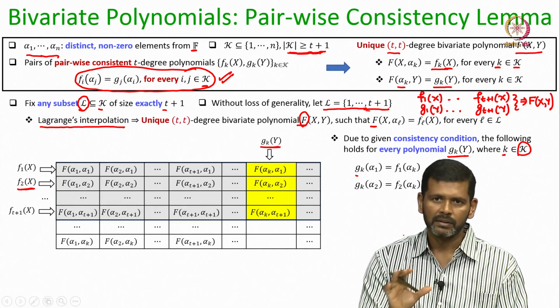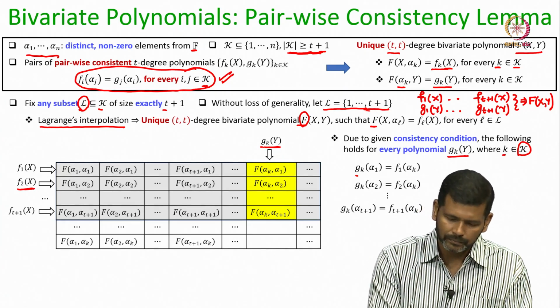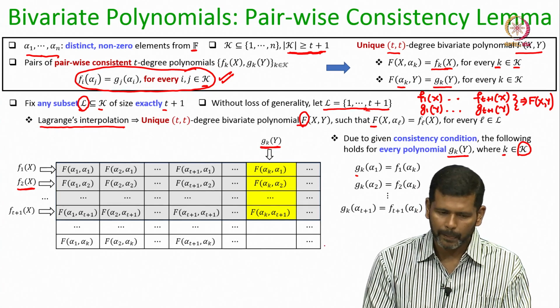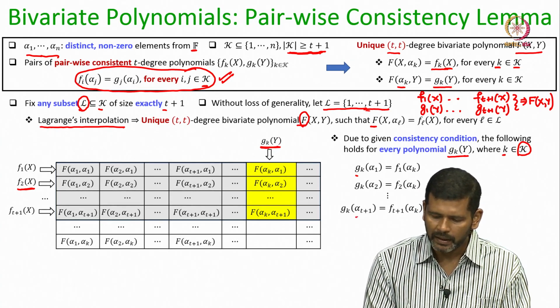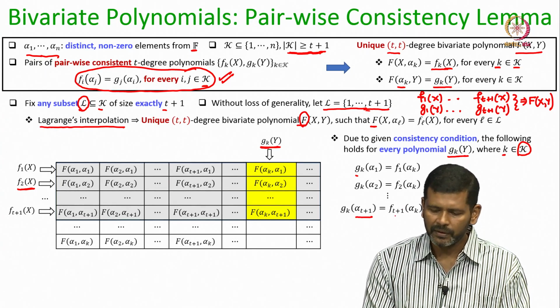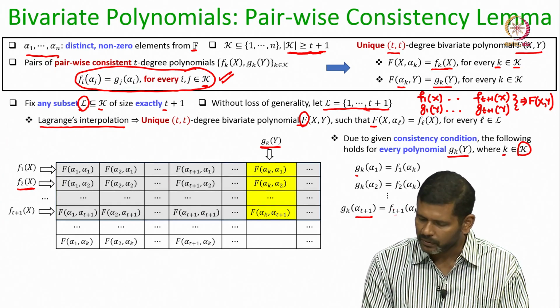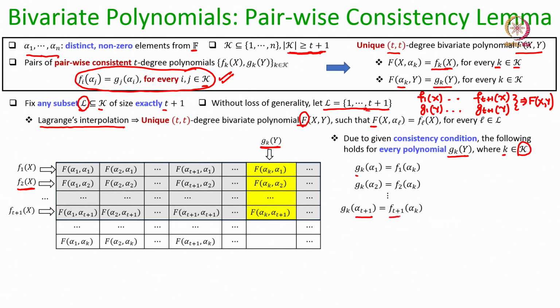And like that, the kth y univariate polynomial at the t plus 1th evaluation point gives the same value as the t plus 1th x univariate polynomial evaluated at the kth evaluation point.